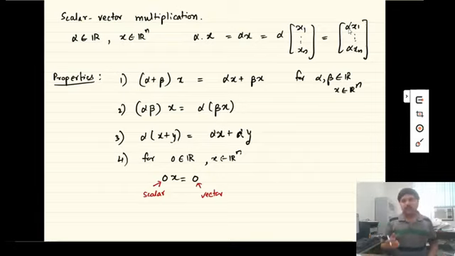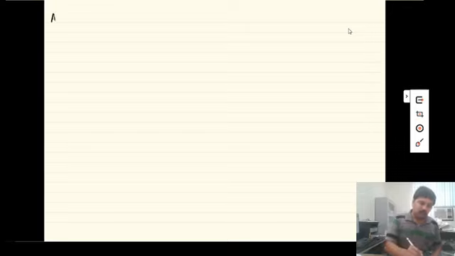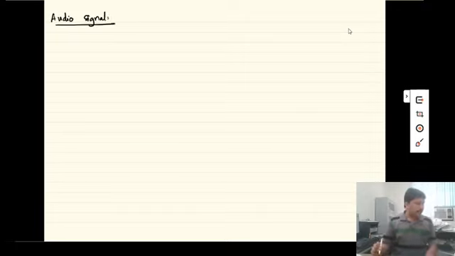So what is the interpretation of this scalar multiplication? You go back to the audio signal case, and in this particular audio signal case, what is really happening?